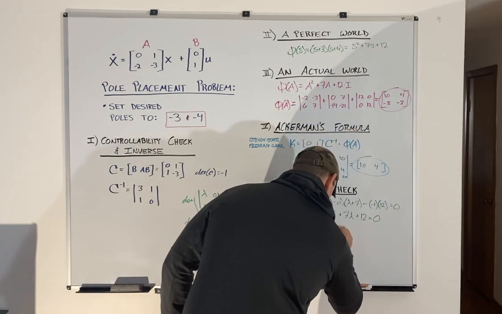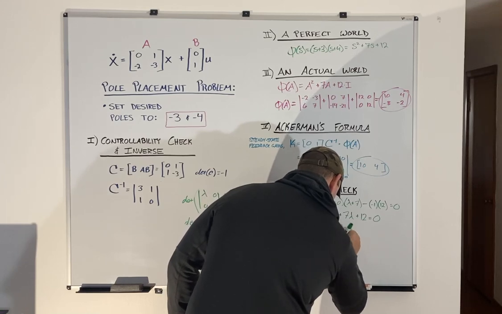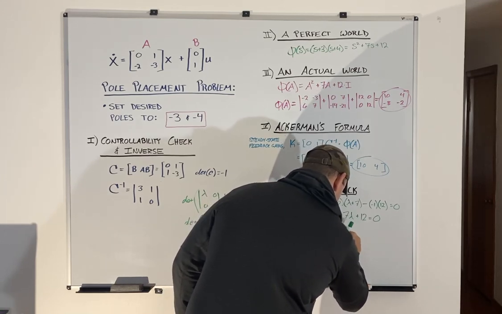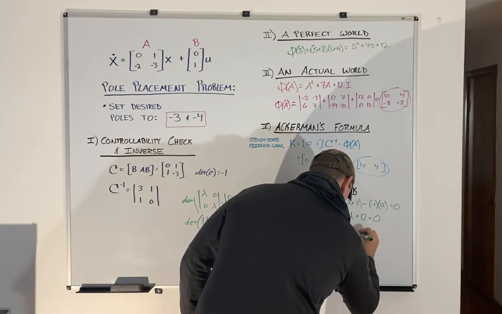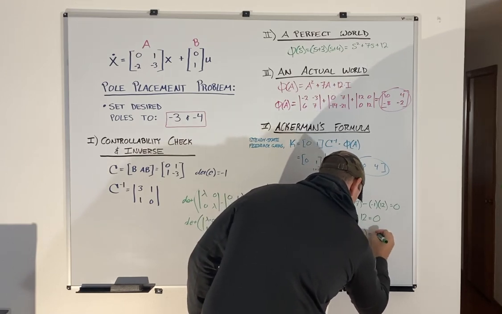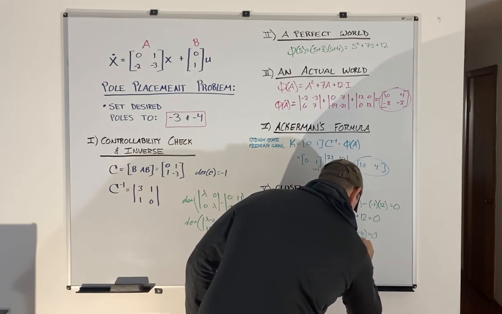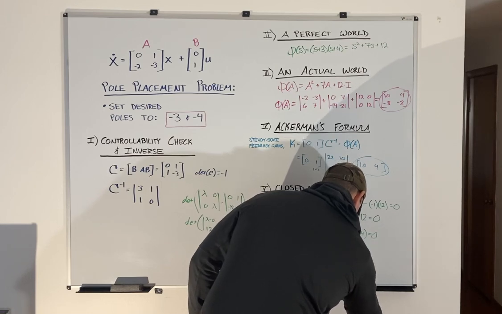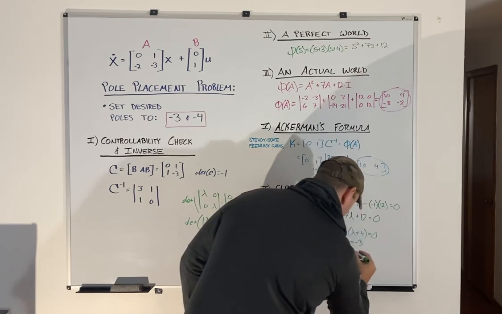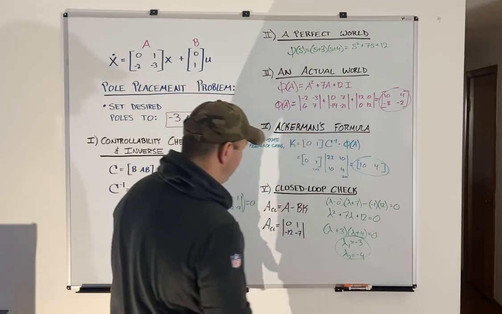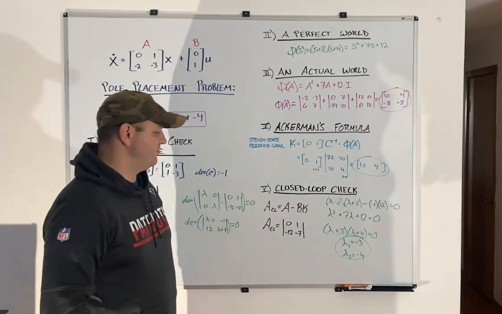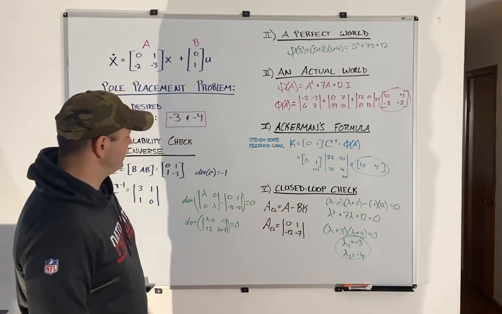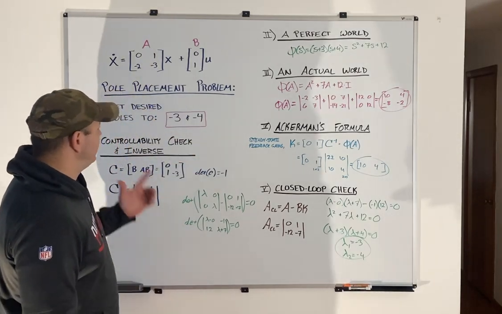That factors to (lambda plus 3)(lambda plus 4). Lambda 1 equals negative 3, lambda 2 equals negative 4. Sure enough, negative 3 and negative 4 is what the system became, and it's exactly what we wanted. And that's a pole placement problem.